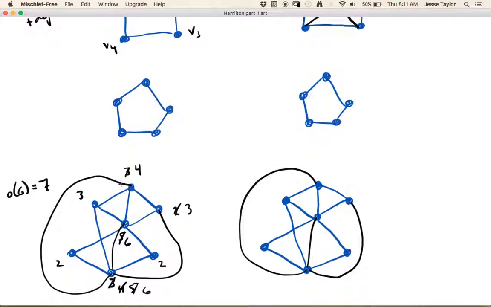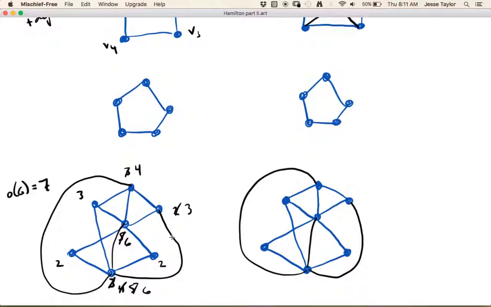So 4 is already connected to this high degree vertex and this high degree vertex and this degree 3 vertex and this degree 3 vertex. So you only have to worry about these two degree 2 vertices. And 4 plus 2 is 6, which is not 7, so you're not going to add either of those two edges.